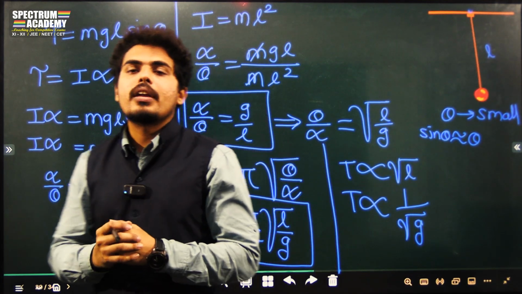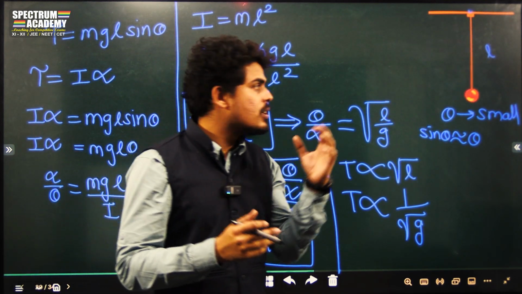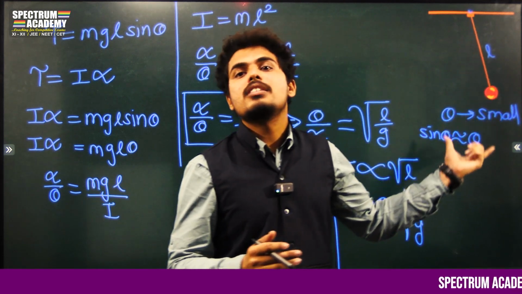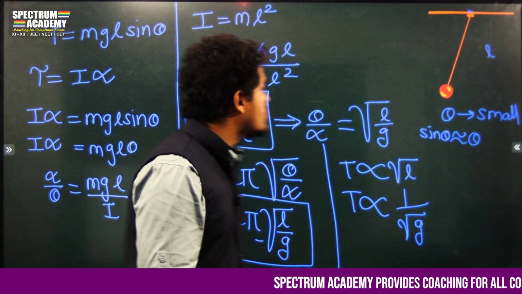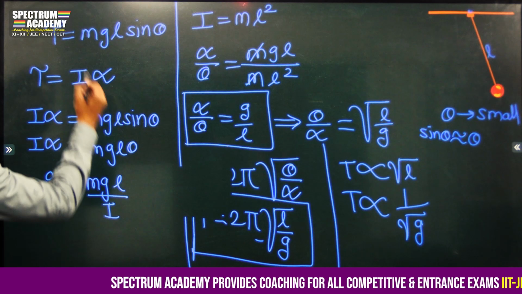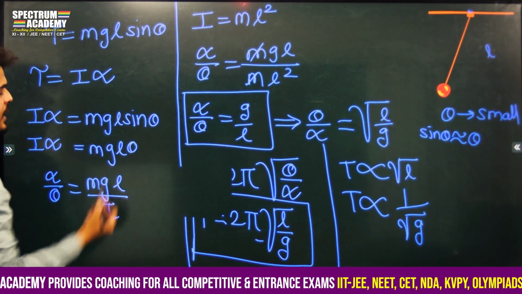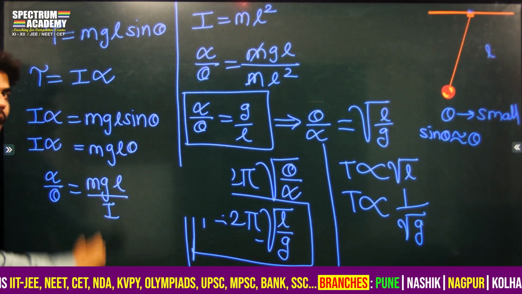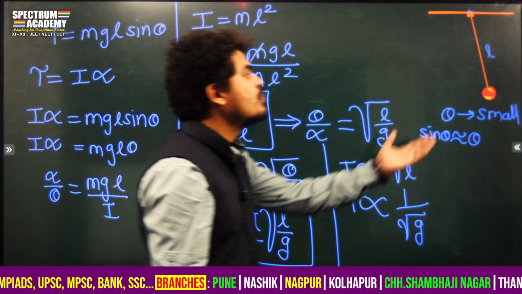Now for this torque mgl sin θ, we know that for oscillation we take θ very small, so sin θ is approximately equal to θ. The torque can be written as mgl θ, and torque equals Iα, so α upon θ is mgl upon I, where I is the moment of inertia of the bob.